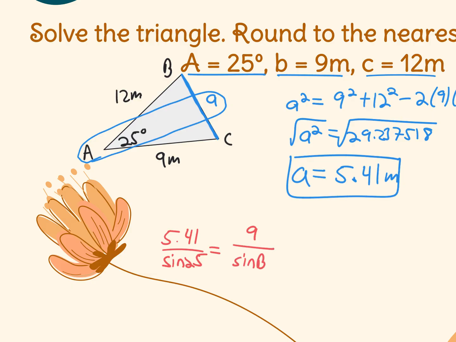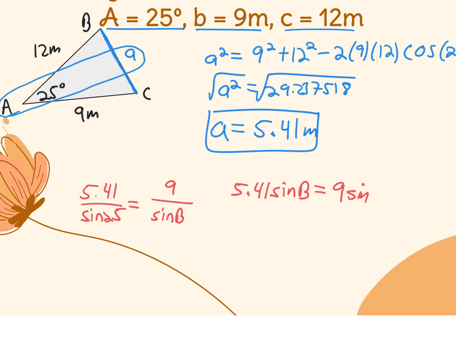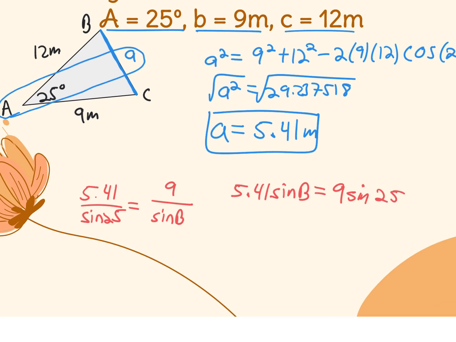We're looking for B. I'm having trouble with the connection. Cross multiply, this is going to get us 5.41 sine of B equals 9 sine of 25. And then divide both sides by 5.41.